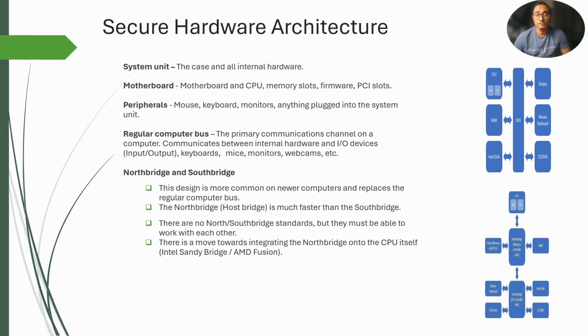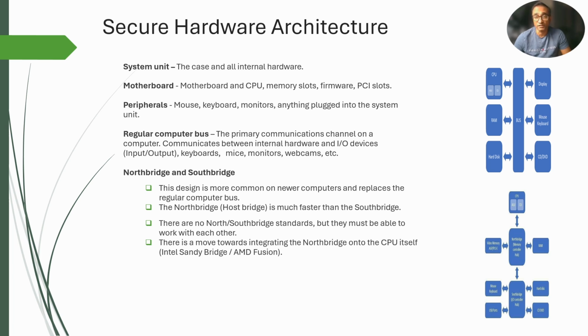So the basics of the hardware architecture, or basics of any hardware that we use in computing, is what we call a system unit. Underneath that unit, we have different components. For example, a motherboard, a central processing unit, the CPU. There are memory slots.